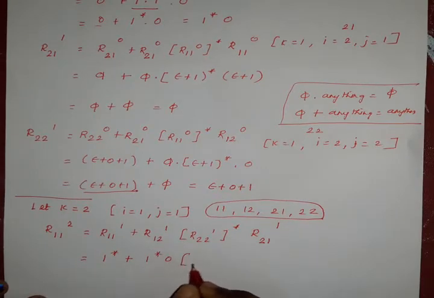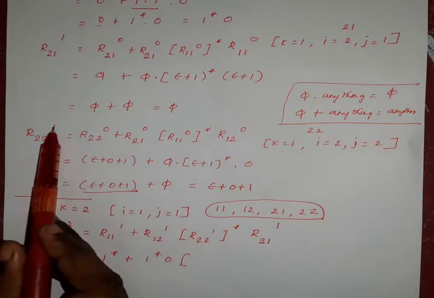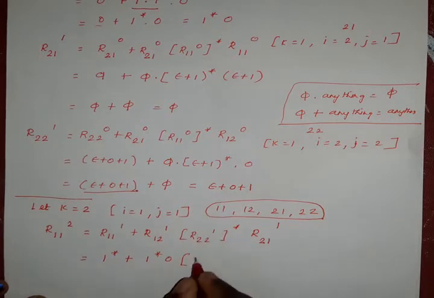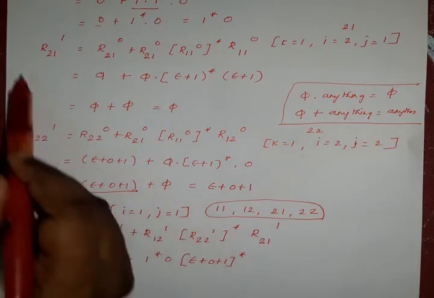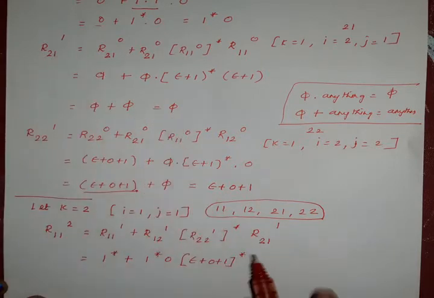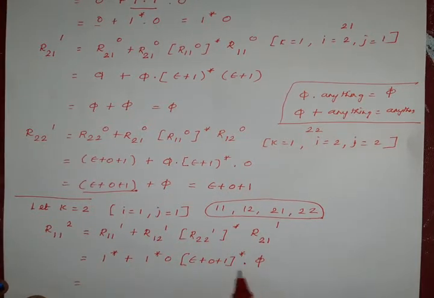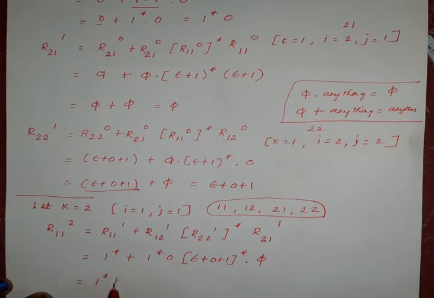And R22 power 1, the result is epsilon plus 0 plus 1 the whole star. Last one is R21 power 1, the result is phi. Whatever is multiplied with phi, the answer is phi. So the result is phi, and whatever is added with phi, the result is the same thing. So the result is 1 star. So the value of R11 power 2 is 1 star.